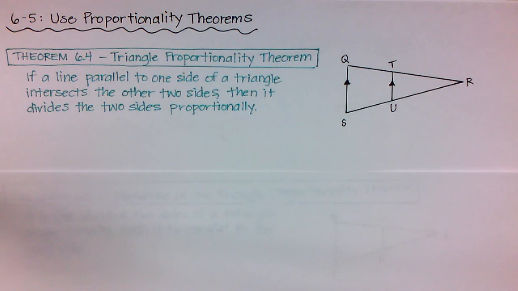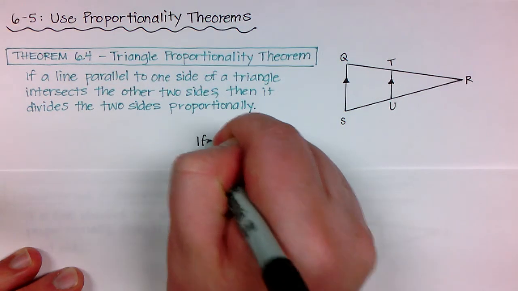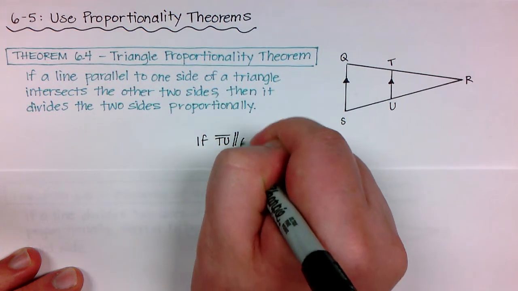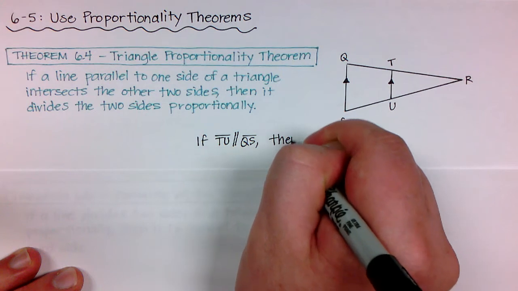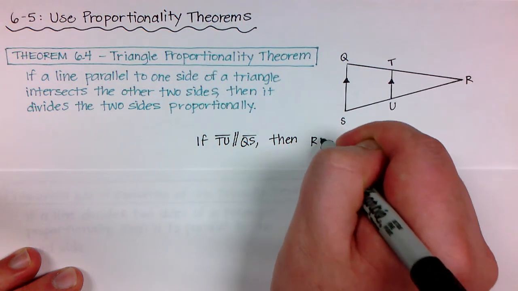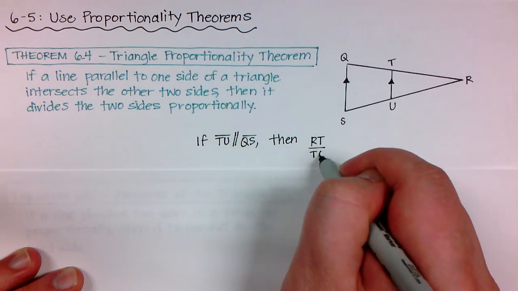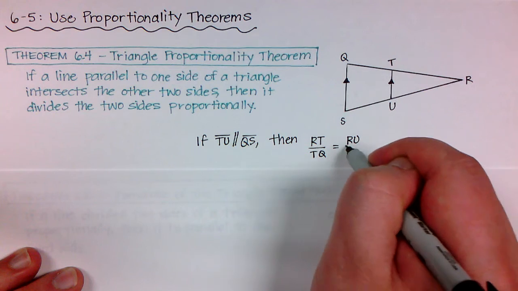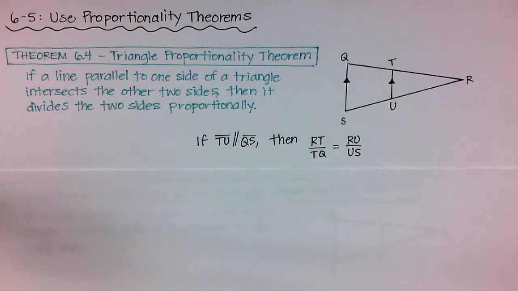So what I could write is if TU is parallel to QS, then the proportion RT to TQ is going to be the same as the proportion RU to US when I write down the lengths of those different segments.